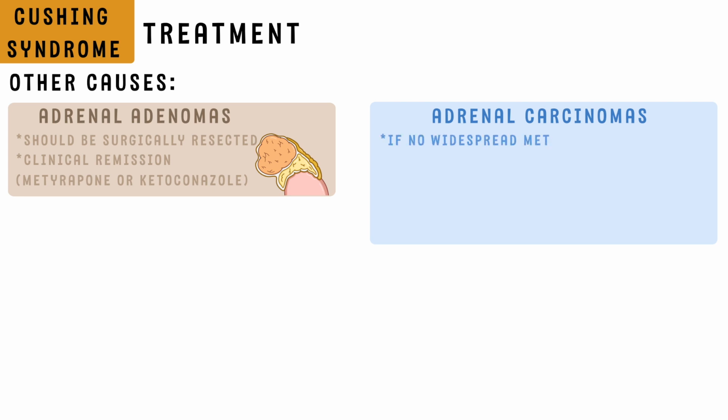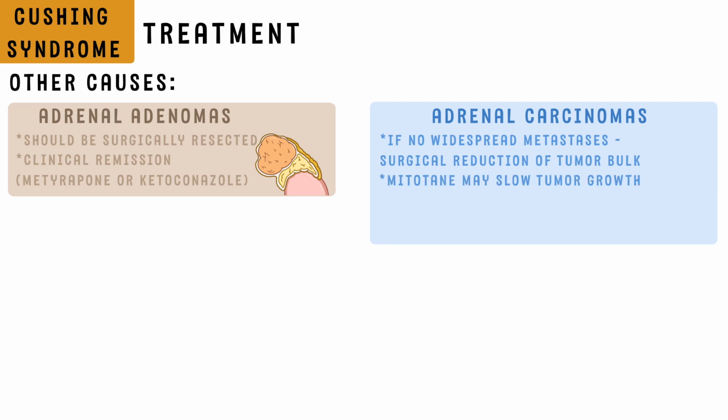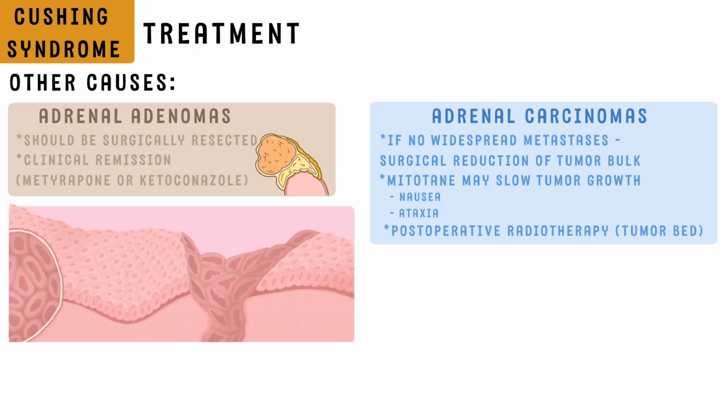If there are no widespread metastases, surgical reduction of tumor bulk is recommended. The adrenolytic drug mitotane may slow tumor growth and prolong survival, though it has side effects like nausea and ataxia. Postoperative radiotherapy to the tumor bed may also be considered.